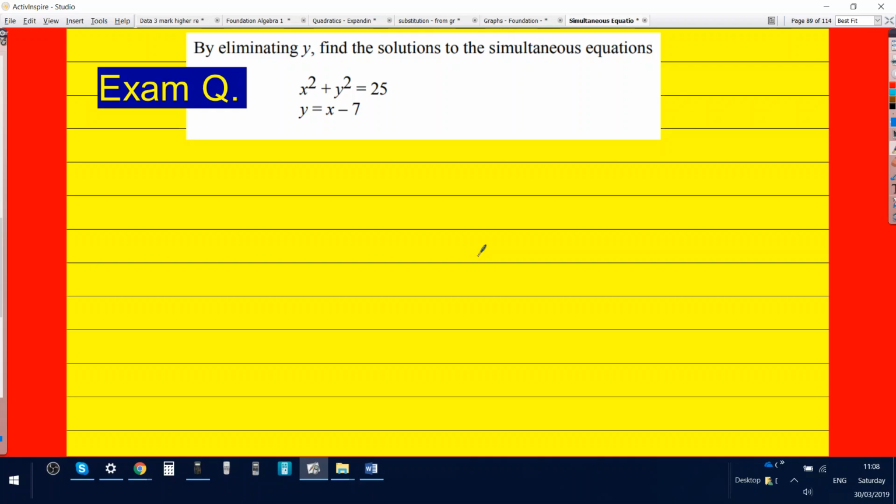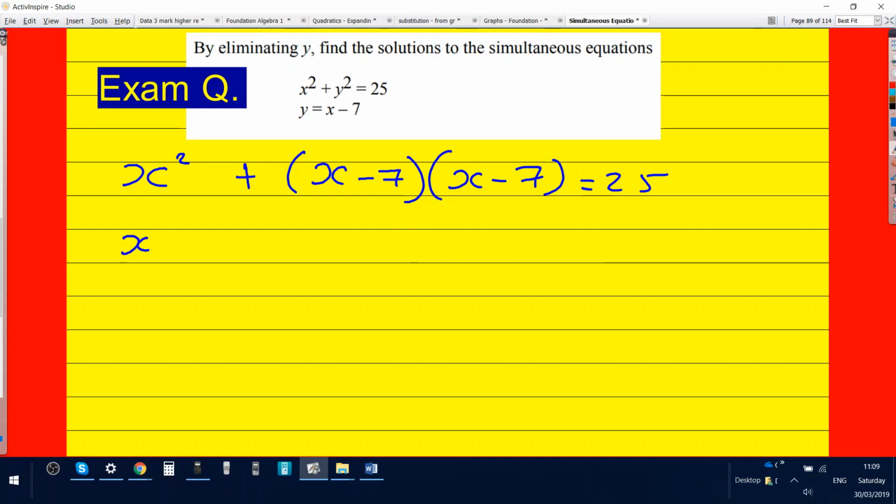Sub in y, so you have x squared plus bracket x minus 7 bracket x minus 7 equals 25. Then you expand, so x squared plus x squared minus 7x minus 7x plus 49.